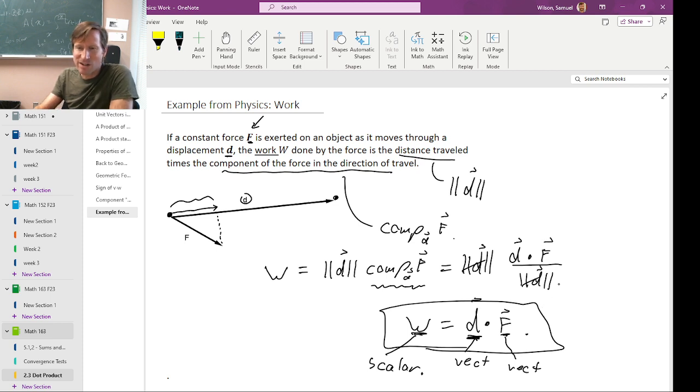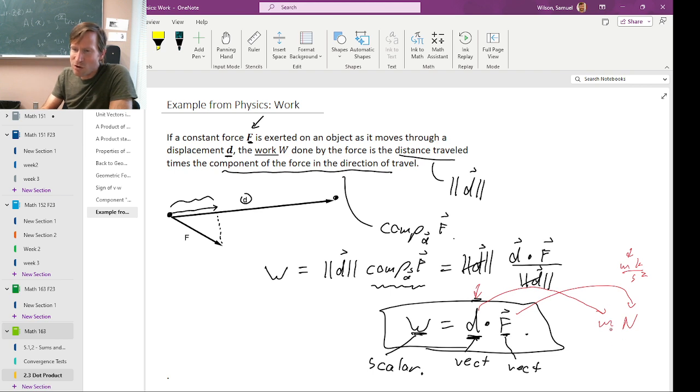While we're at it, let's look at units. So the units for force are newtons. The units for displacement are distance units. And if we're using newtons, a newton is what, like a meter kilogram per second squared. If we're using meters, then we had better also measure our displacements in meters.